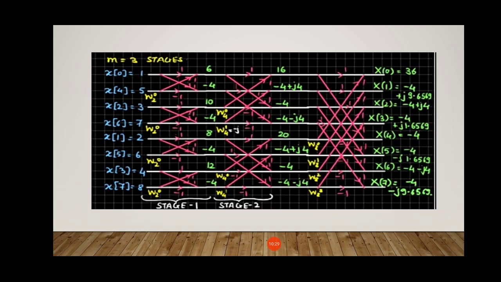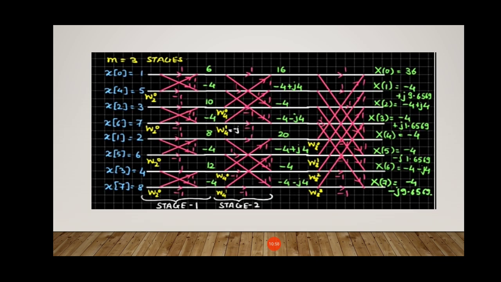Similarly, we will calculate the values of the third stage, where the crosses, the butterflies, are shown here. We will have a cross between small x1 and small x of 0.